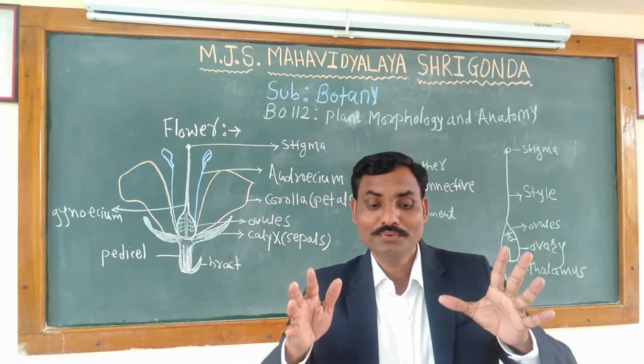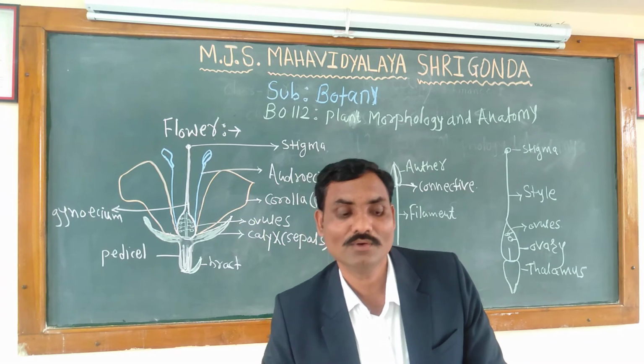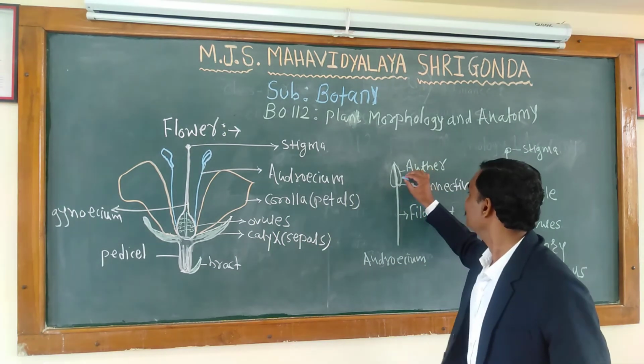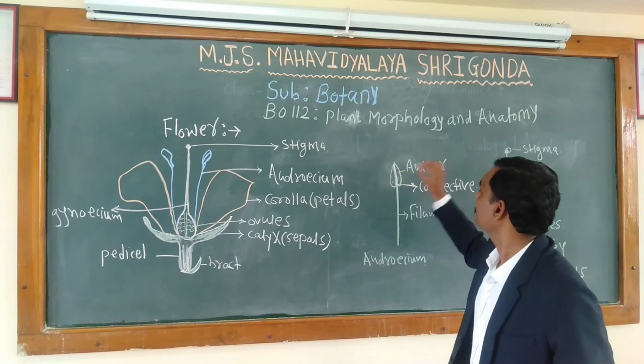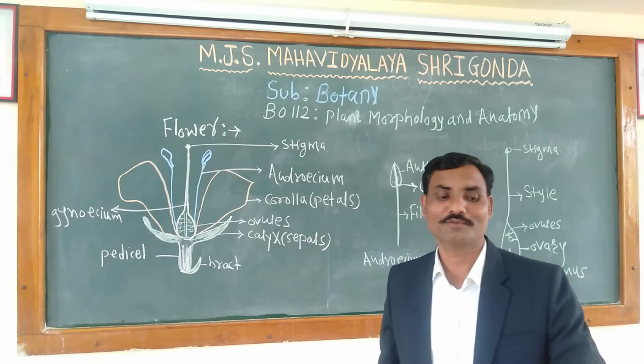Each anther lobe contains two pollen sacs enclosing several pollen grains. In the anther lobe, pollen grains are present.